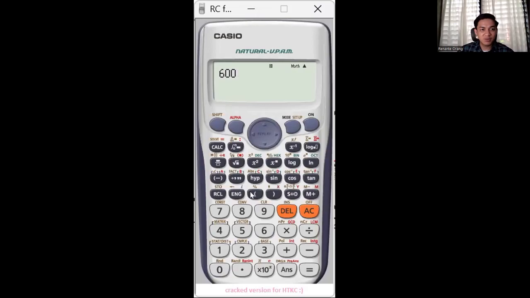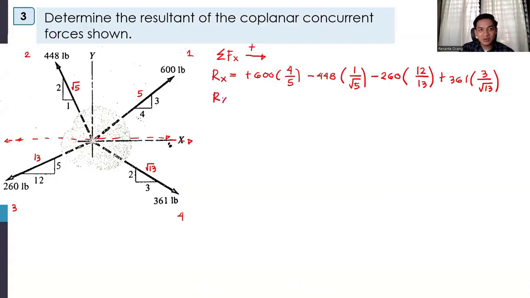We have 600 multiplied by 4 over 5 minus 448 multiplied by 1 over the square root of 5 minus 260 multiplied by 12 over 13 and plus 361 multiplied by 3 over the square root of 13. So our Rx is 340.018 pounds.